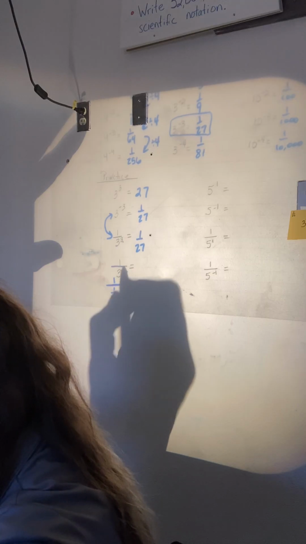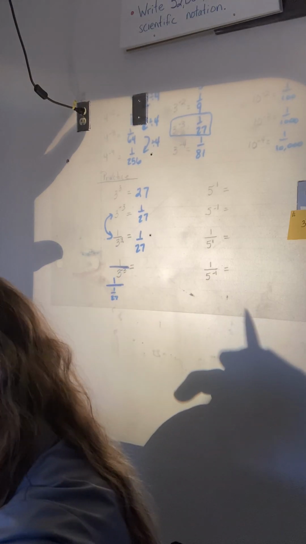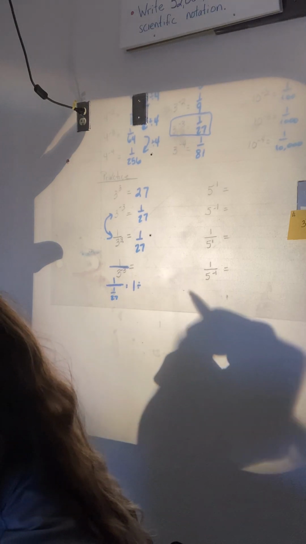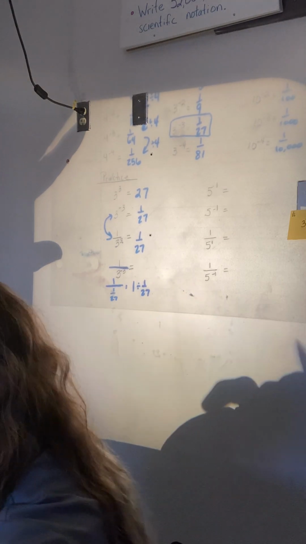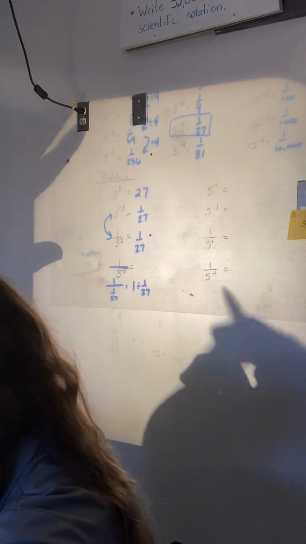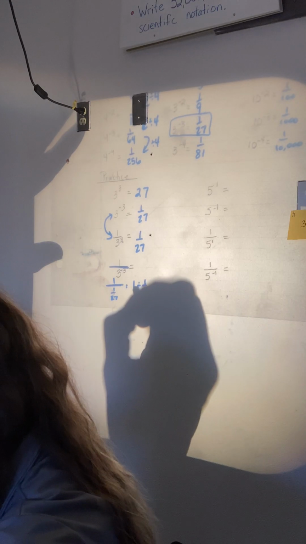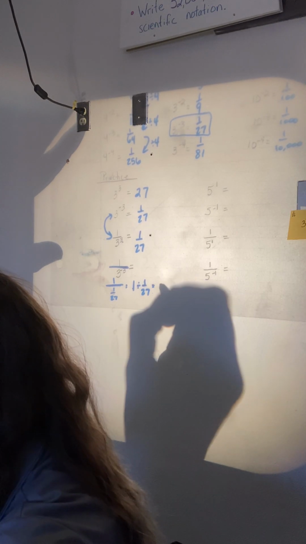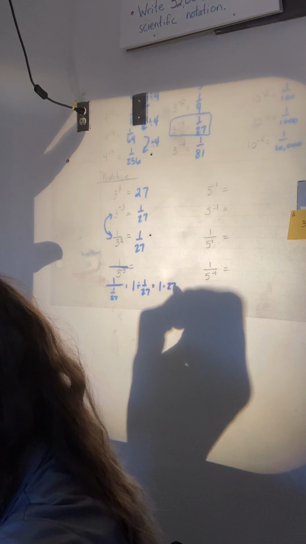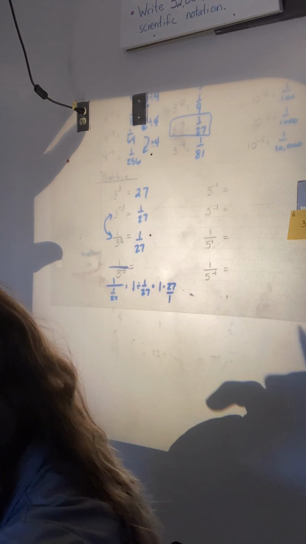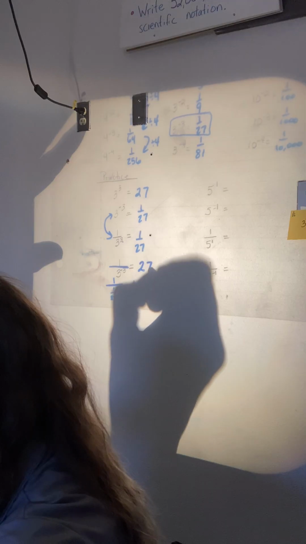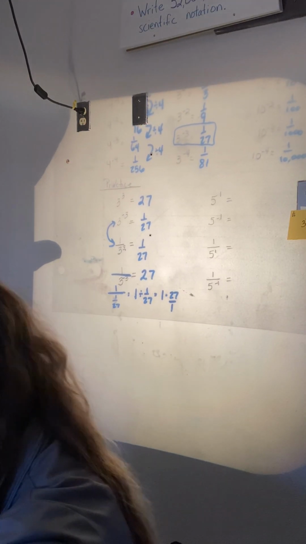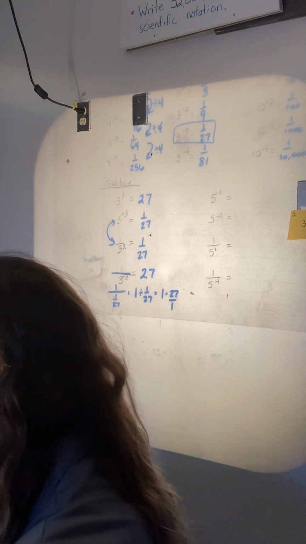This bar right here means divide, so we have 1 divided by 1/27. When we divide fractions, we do keep, change, flip. So I've got 1 times 27 over 1, and so it's just going to be 27.